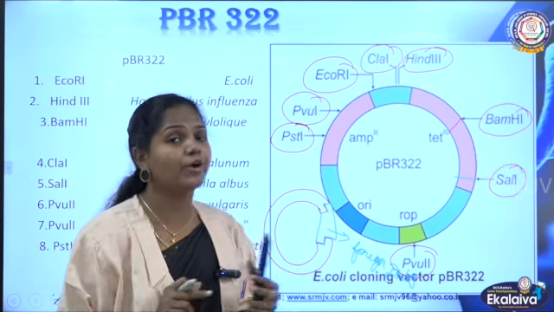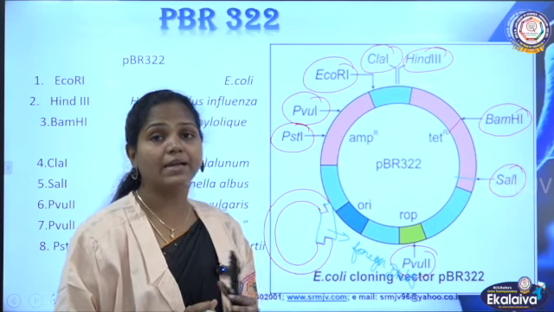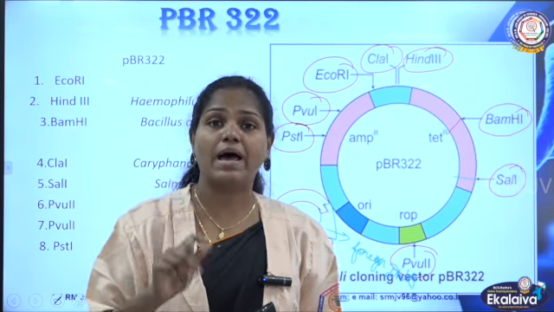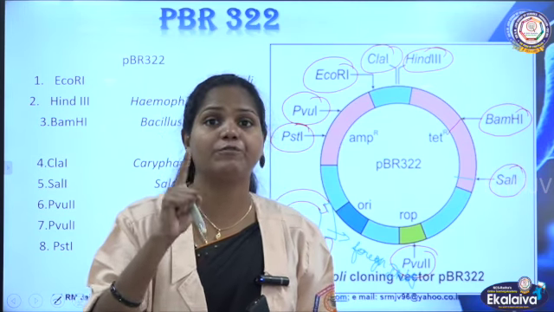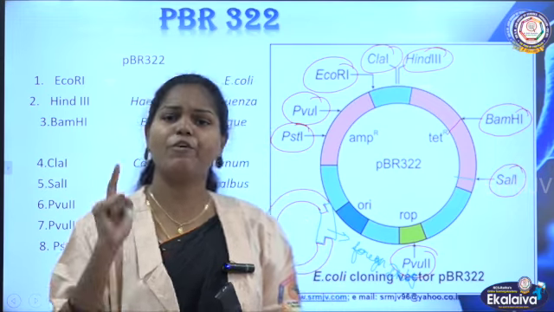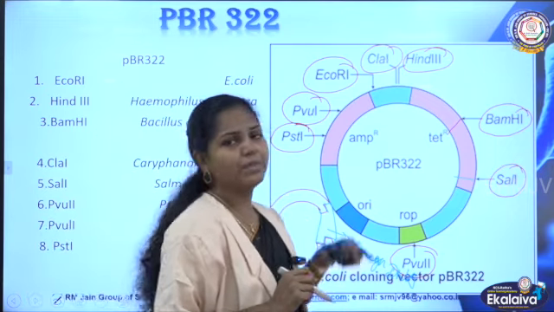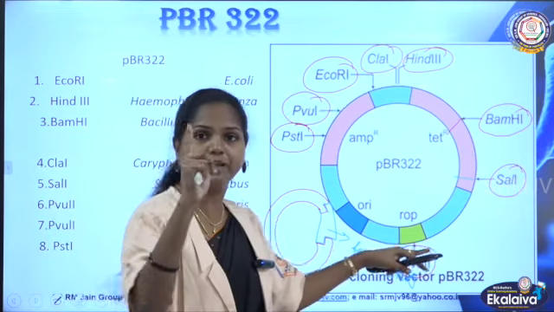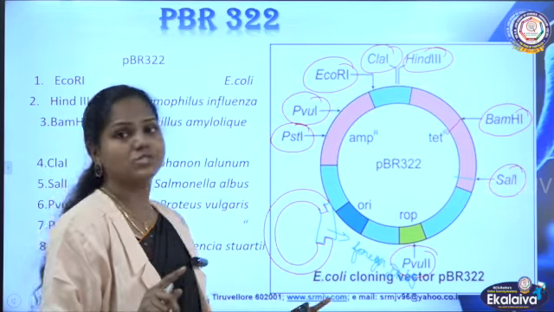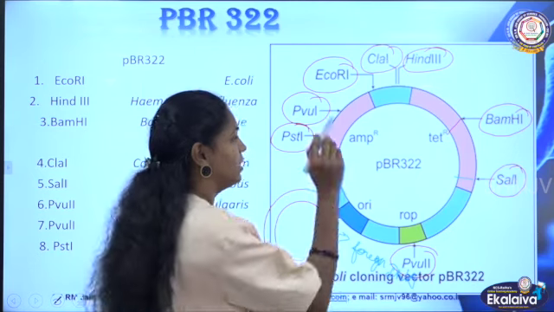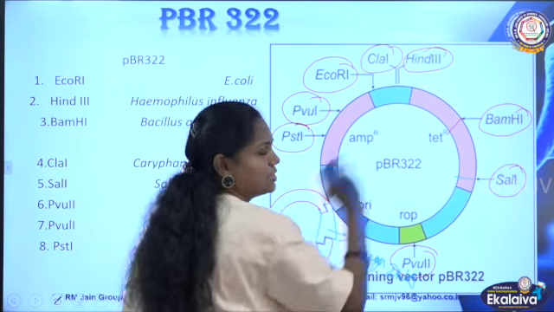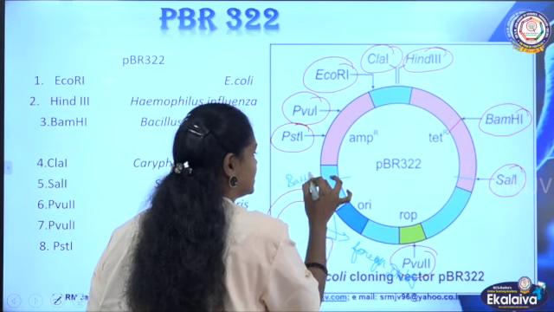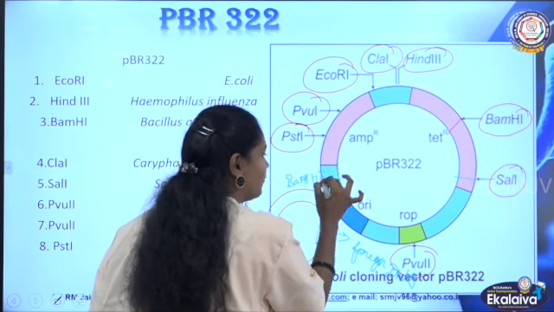And one more important thing is, when you select a plasmid, any plasmid, the plasmid should have a single cloning site for an enzyme. For example, BamHI has only one site. You can see all the restriction enzymes have only one restriction site. Suppose this plasmid had two restriction sites for BamHI, with one more here.